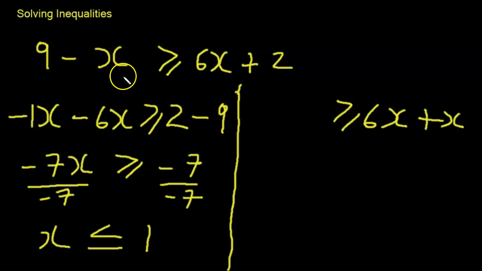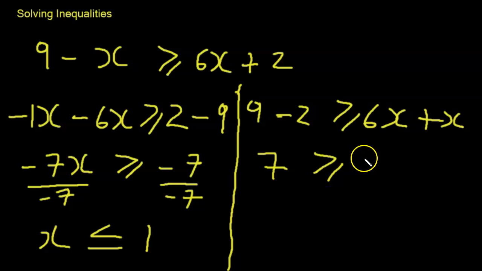Then on the left we have 9. And to this 2, we subtract 2 from both sides, so the positive 2 with the 9 is now minus 2. So 9 minus 2 is 7. 6x plus 1x, because x is 1x, that's 7x.